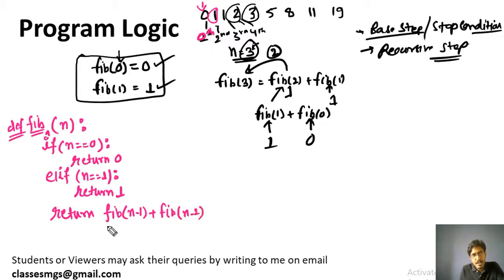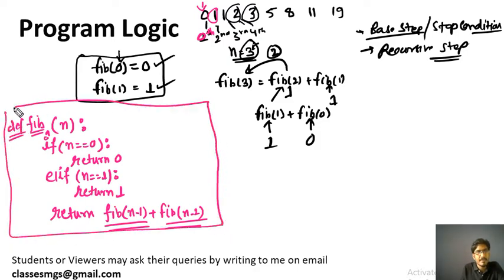It will recursively add the last two terms and keep on returning. The recursion will stop when we come to the level where n becomes 0 or 1. At that time the recursion will stop, because this is our base condition.